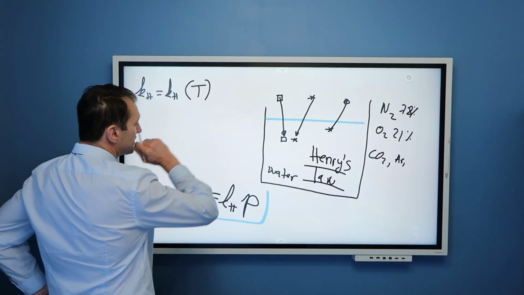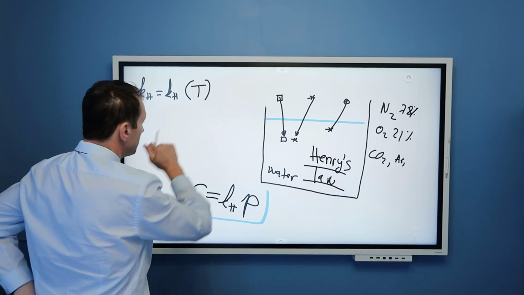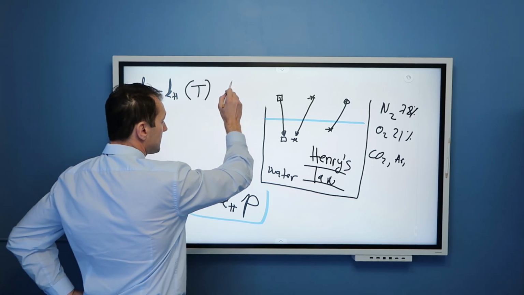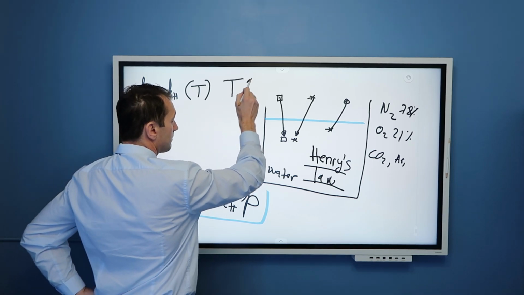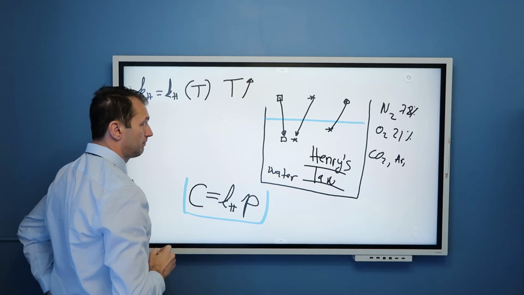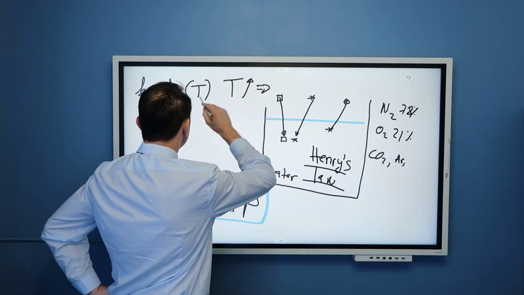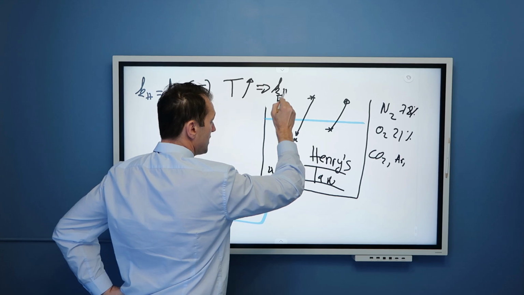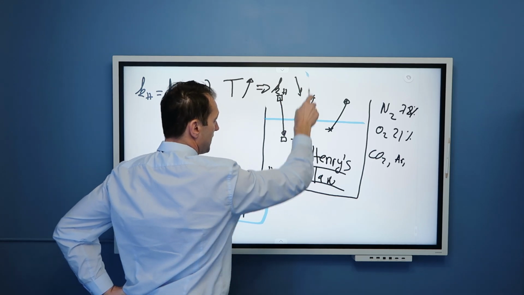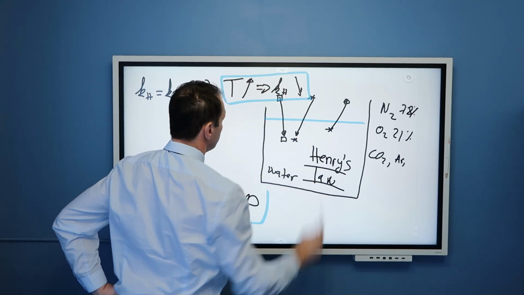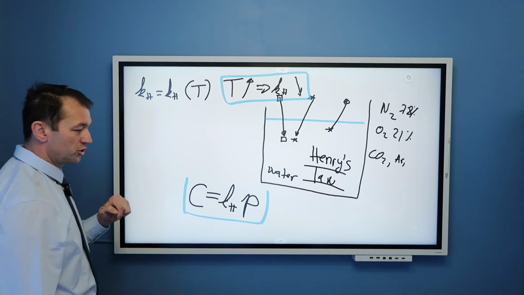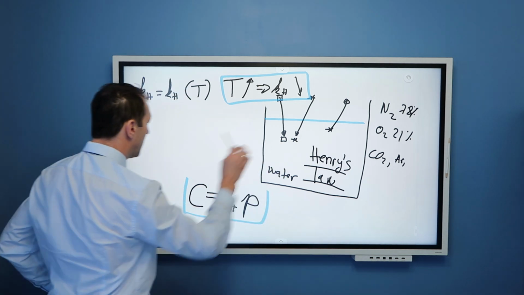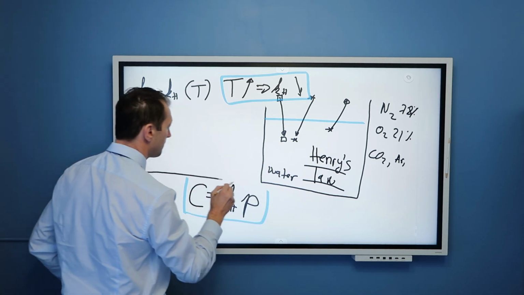But I would like to discuss here what is very important, the dependency on temperature. As temperature increases, this constant Kh will decrease. And this is very important. This is crucial. How is that crucial? In the following way. I will replicate this figure here.